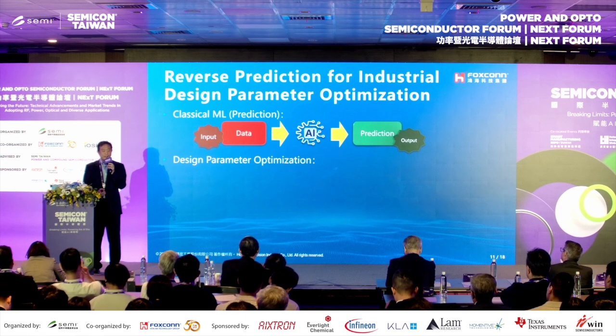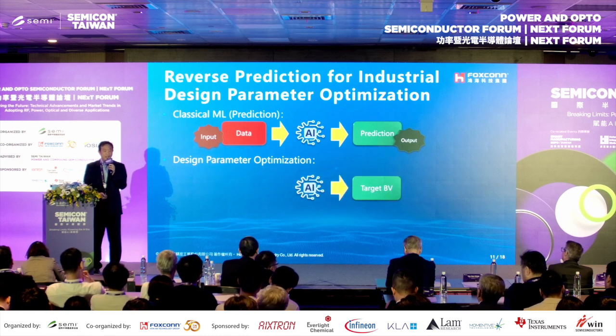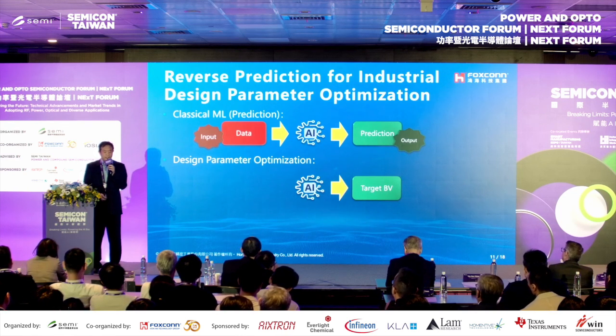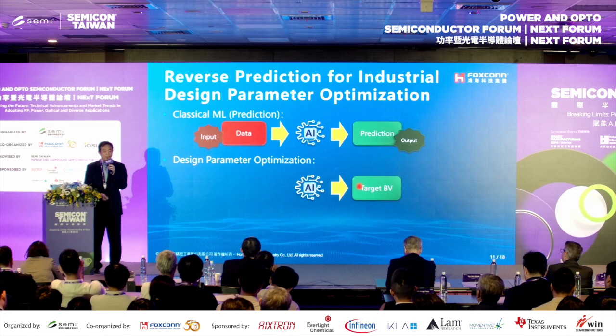But in our case, which is design parameter optimization, again, we will have an AI model trained using our past history of data. But this time, we have a target breakdown voltage, and this is our final goal.